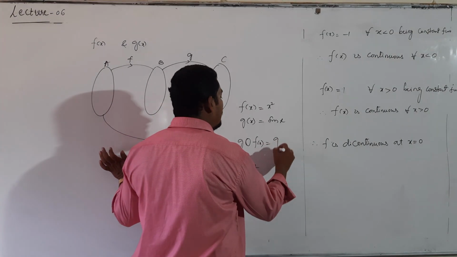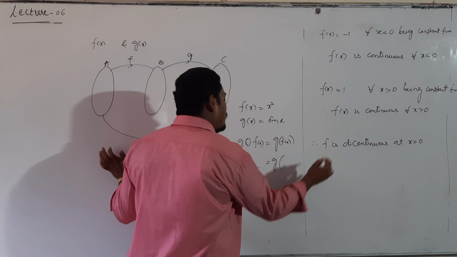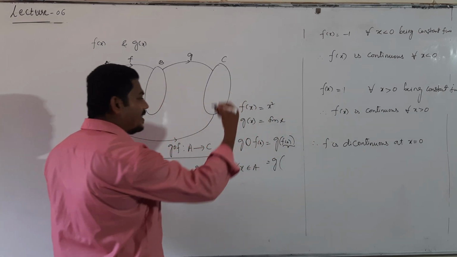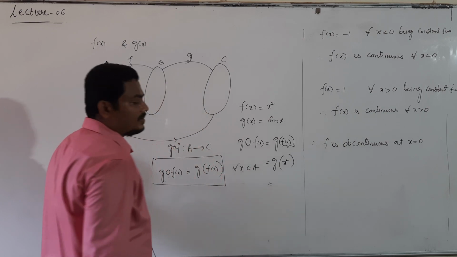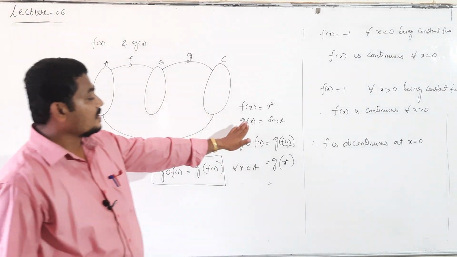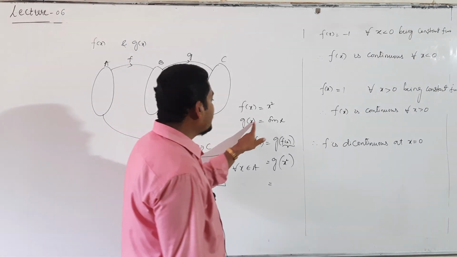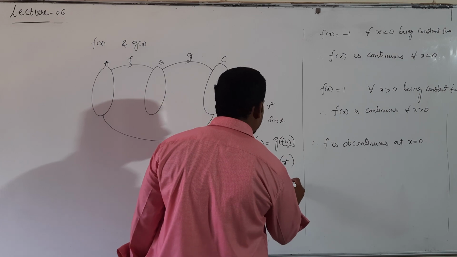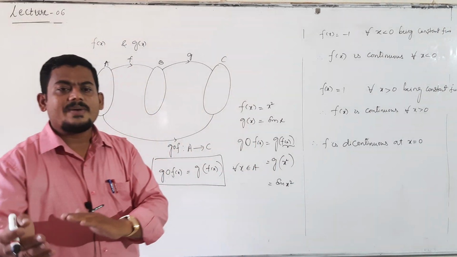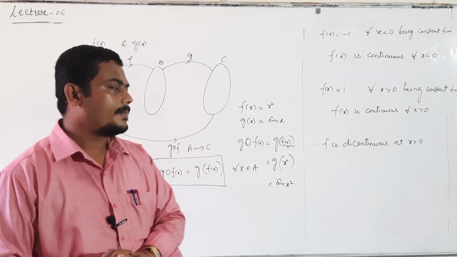What is f of x? They have already given it: x square. Then what is g of x? G of x is sin x. Then what is g of x square? Here x is there, so sin x; here x square is there, so sin of x square. Just remember, composition means a function inside one more function. That's all.